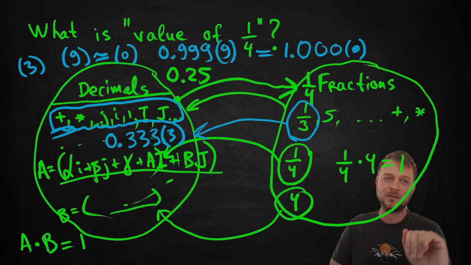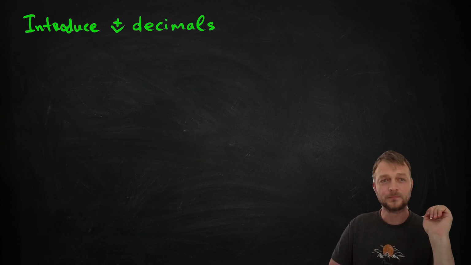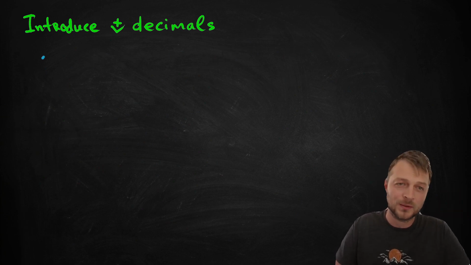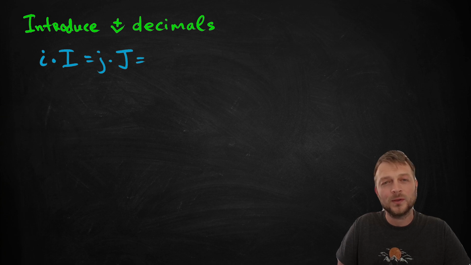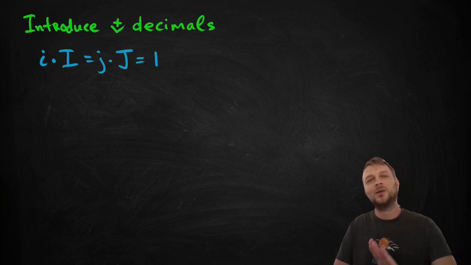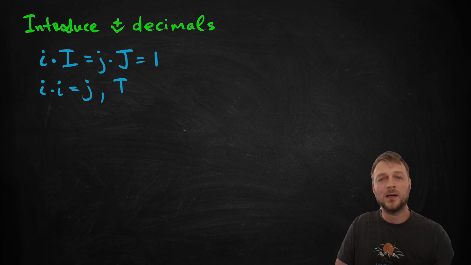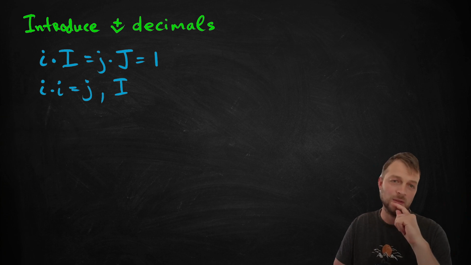Okay, so this is the correspondence between decimals and fractions. Now let's introduce dual decimals. So when we consider the rules for positional symbols like I multiplied by I equals j, these are the rules of multiplication. They are symmetric. So when we multiply I by I we will get j, but a similar thing will happen for capital I's that denote positions on the right hand side of the dot.